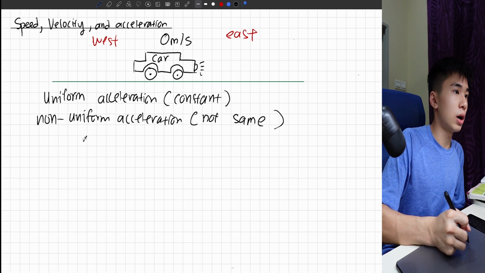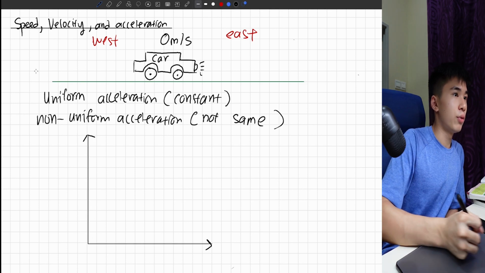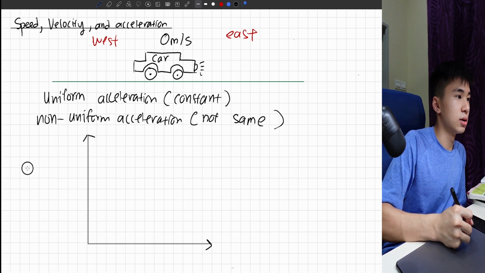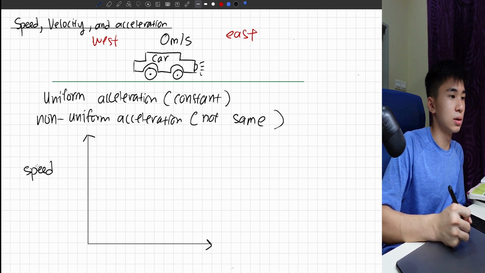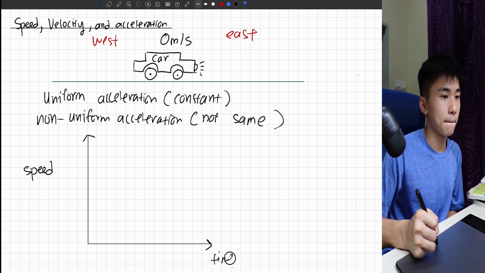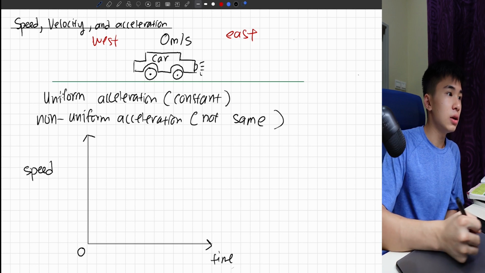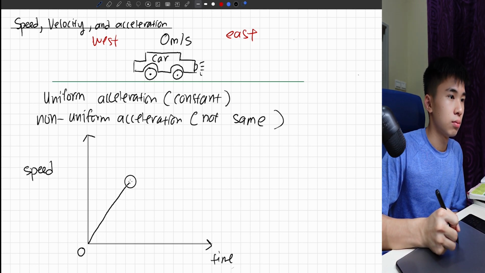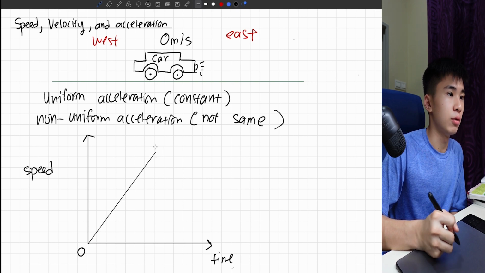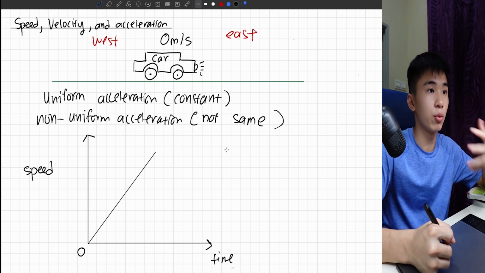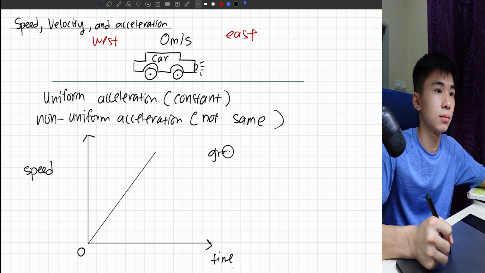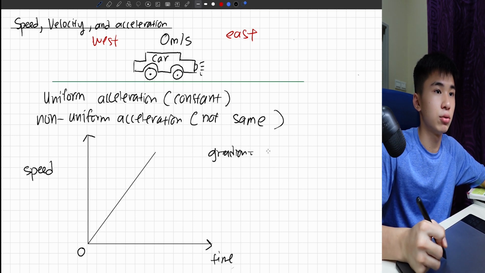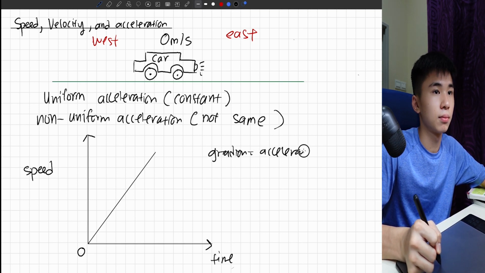So in a graph, right here, it is the speed time graph, right? If your acceleration is constant, your gradient will be the same, because in a speed time graph the gradient is equal to acceleration.